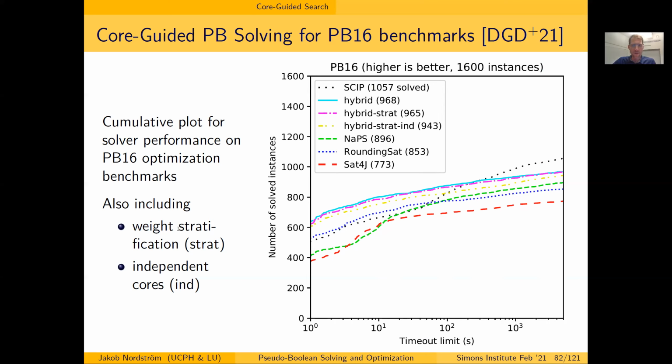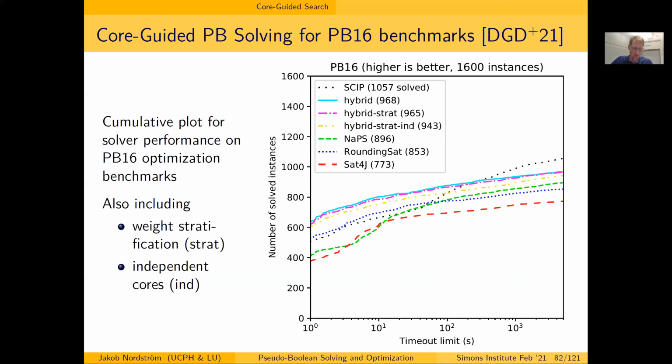Interestingly, for the instances in the Pseudo-Boolean competition benchmark set, it turns out that this doesn't pay off. So weight stratification, there's not such a big difference. Sometimes it pays off, sometimes it doesn't. It's actually hit or miss whether you want to use stratification or not. But independent cores doesn't seem to be good.